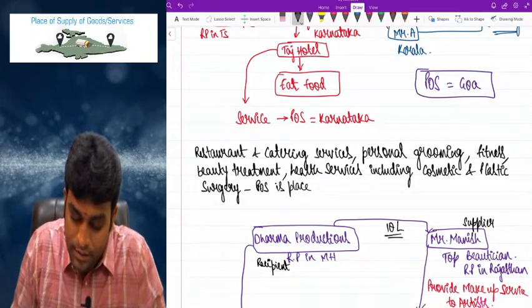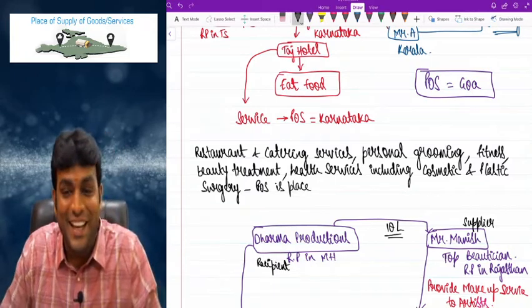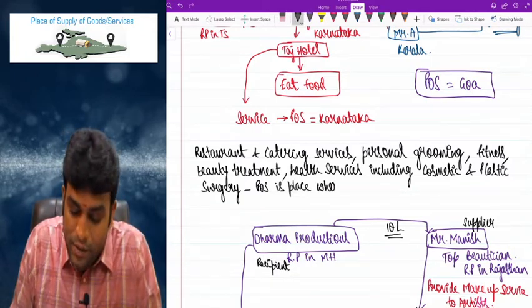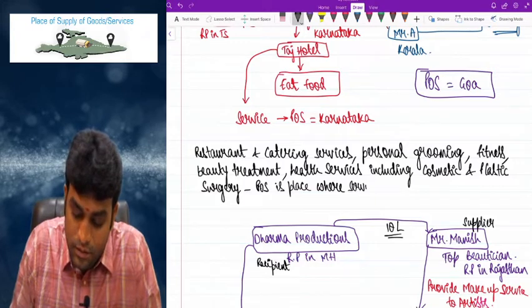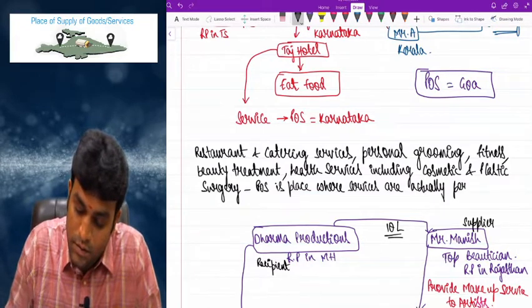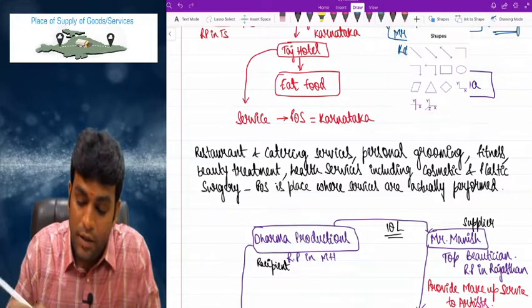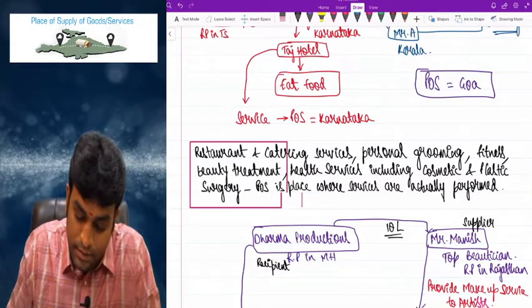POS means what? Place of supply. Exactly. POS is the place where services are actually performed. Very interesting language, friends.